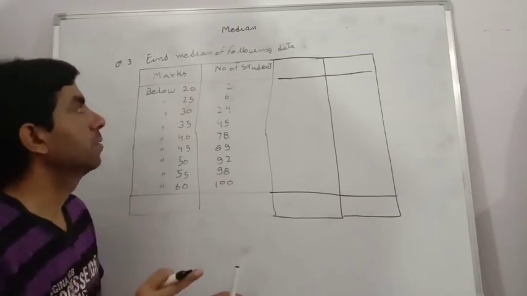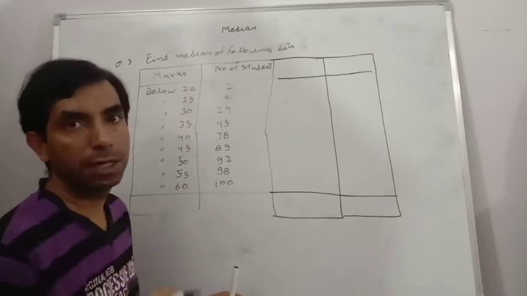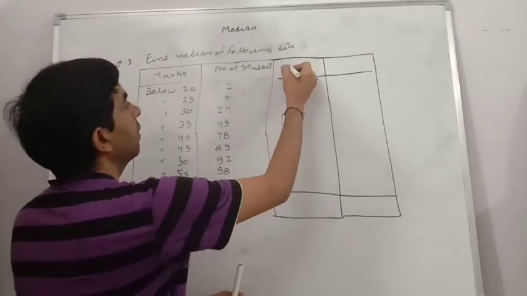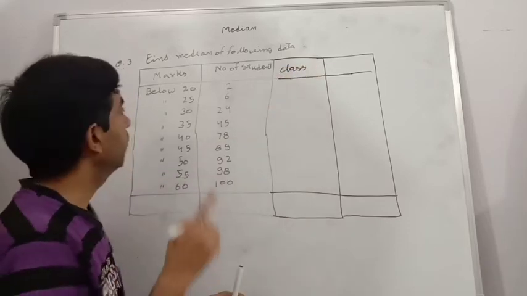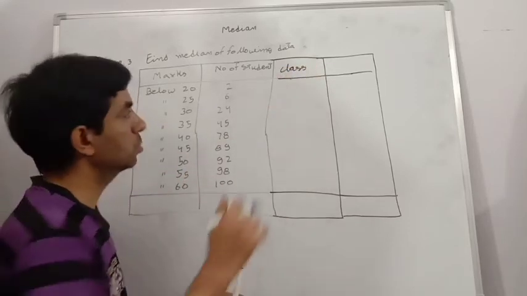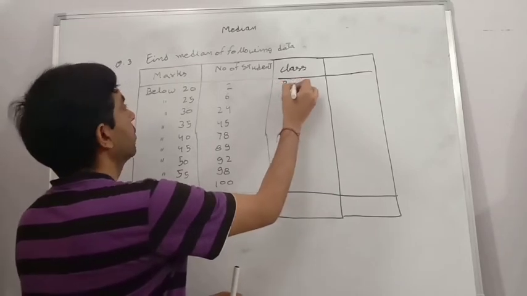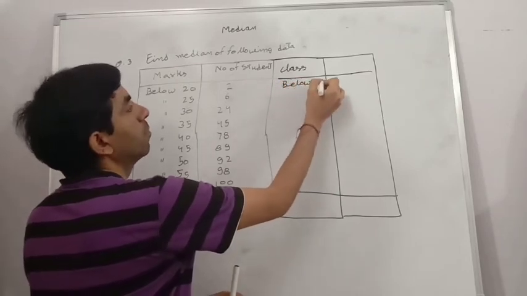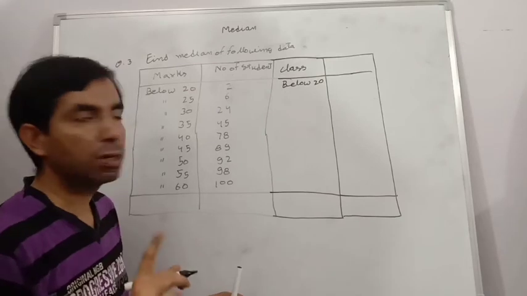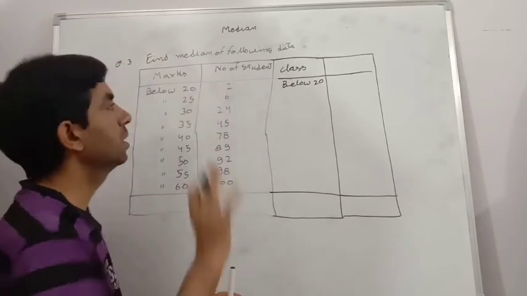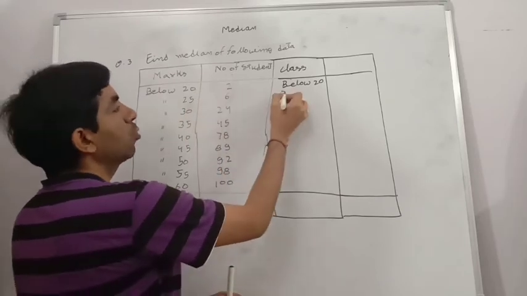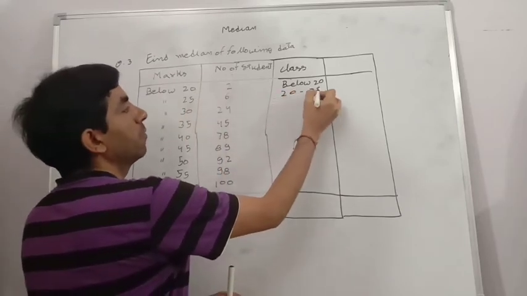So first we have to take the class interval. Below 20 we cannot do anything, so write it as it is. Below 20, the smallest number side, we cannot do anything. Write it as it is. Next, we get 20 to 25.